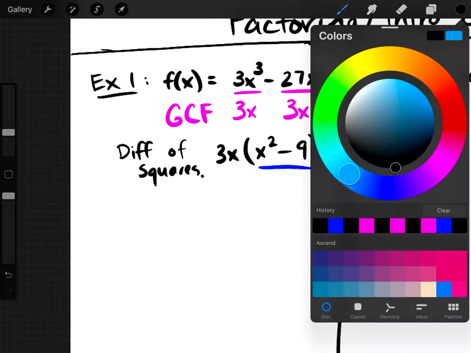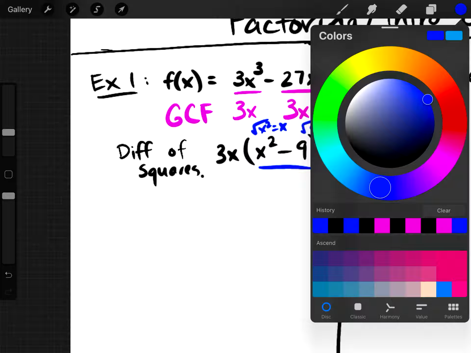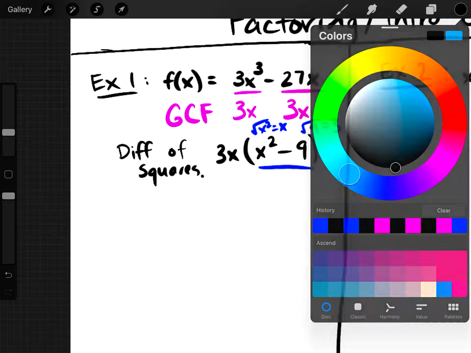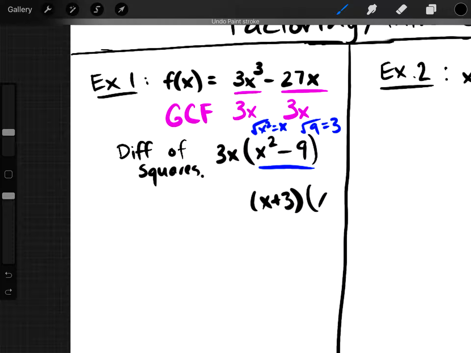We can look at x squared, and what we know is the square root of x squared is x, the square root of 9 is 3. So we can go further. X squared minus 9 factors into x plus 3, x minus 3. Okay, come on, Everly, you're off a little bit.